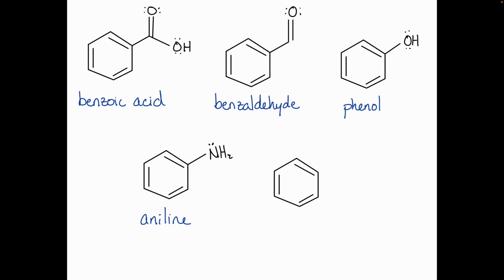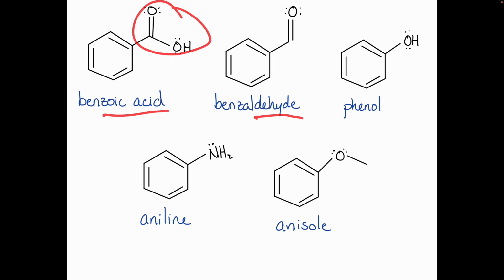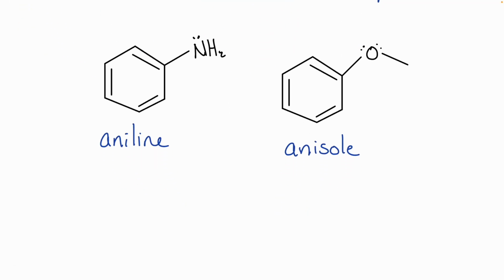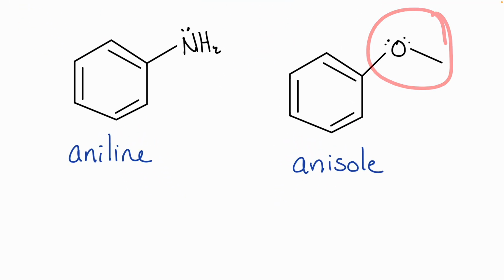And if we make a methyl ether off of that benzene ring, this is what we call anisole. The top 3 have names that really hint at their functional groups. The bottom 2 just seem to come out of left field. When we have our amine, it's aniline. When we have our ether, it's anisole.